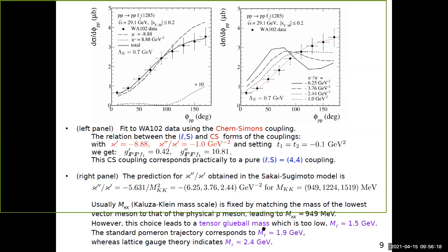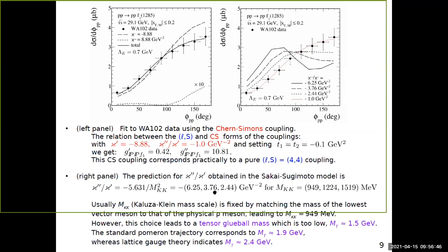But you can see that, as is known from lattice calculations, the tensor glueball has a mass of about 2.4. And this corresponds to a Kaluza-Klein mass, this number, and corresponds to this value of the ratio. And this value is close to our ratio from the fit.